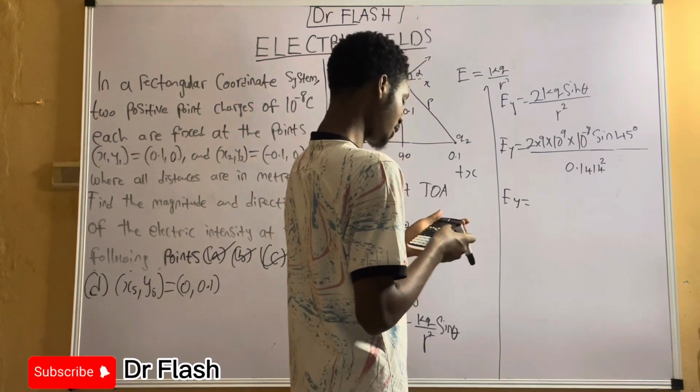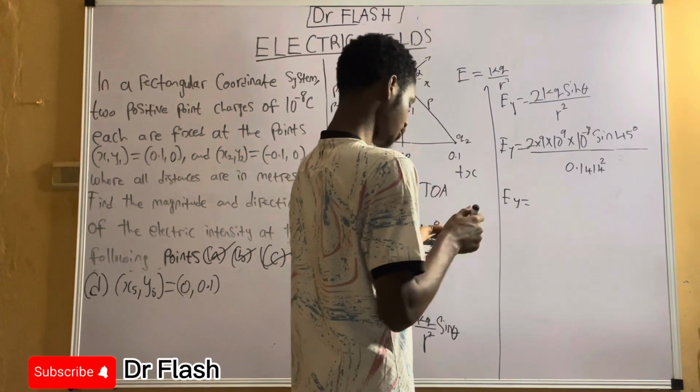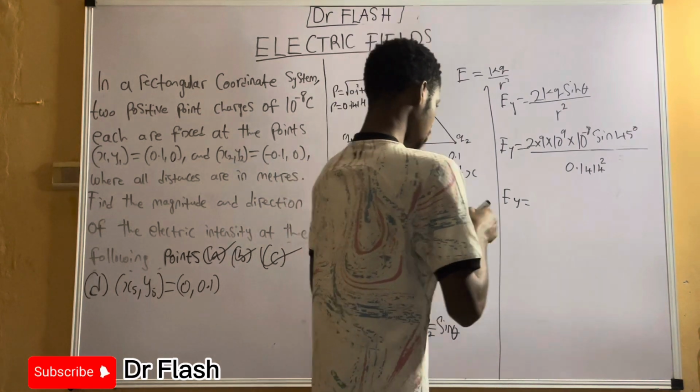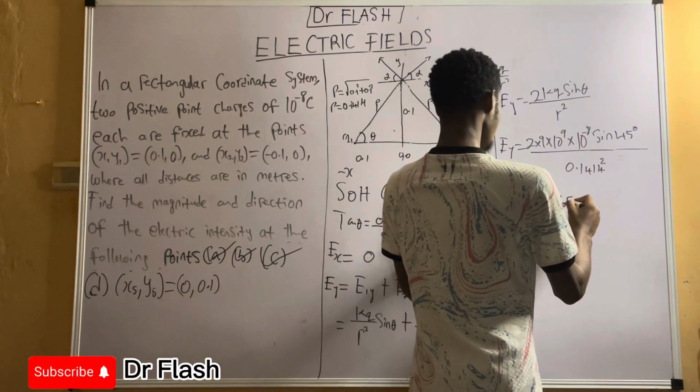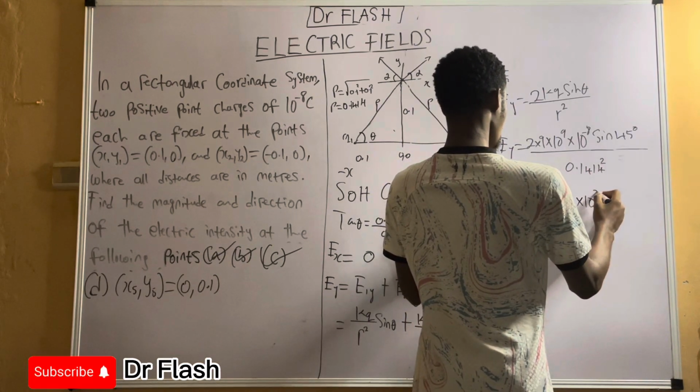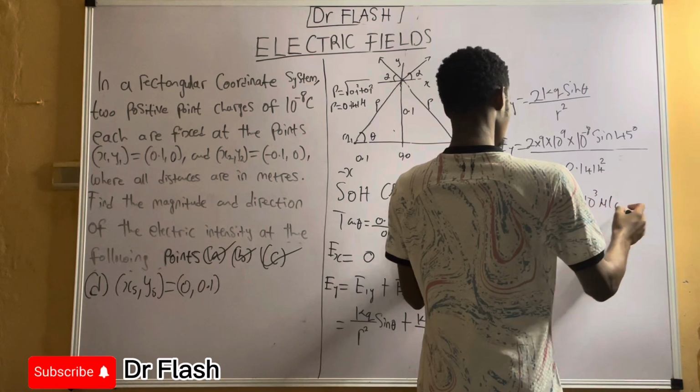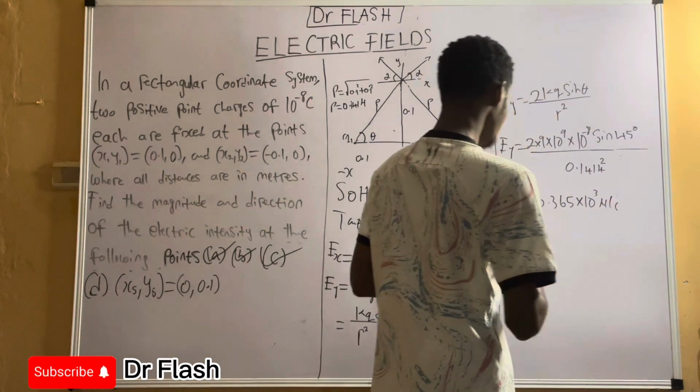This calculator is just messing up. That's going to give us a value of 6.365 times 10 to the power of 3 newtons per coulomb. That's going to be our value for EY.